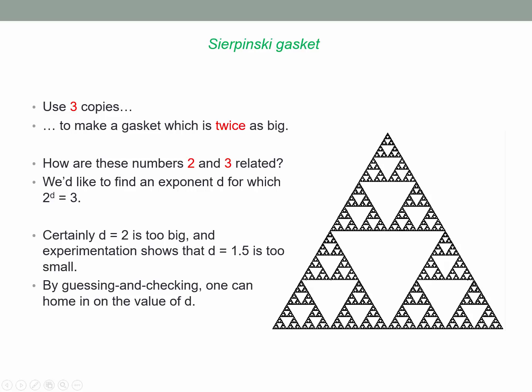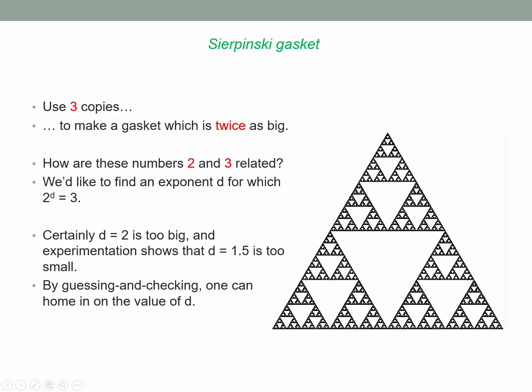Certainly d equals 2 is too big, and if you try 1.5, you'll discover that it's too small. What I'm claiming is if you take the number 2 and raise it to the power 1.5, it's not quite big enough. It's not 3. So somehow the number d that we're looking for, this exponent d, is somewhere between 1.5 and 2.